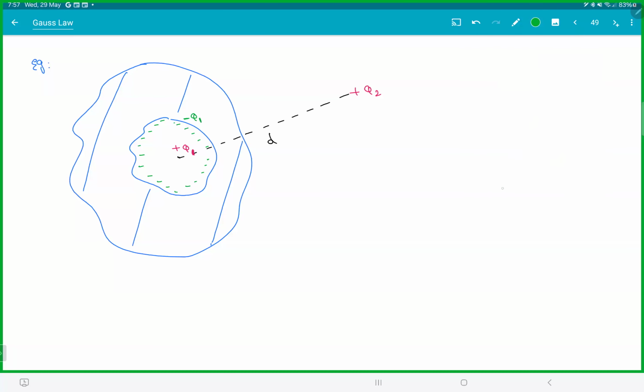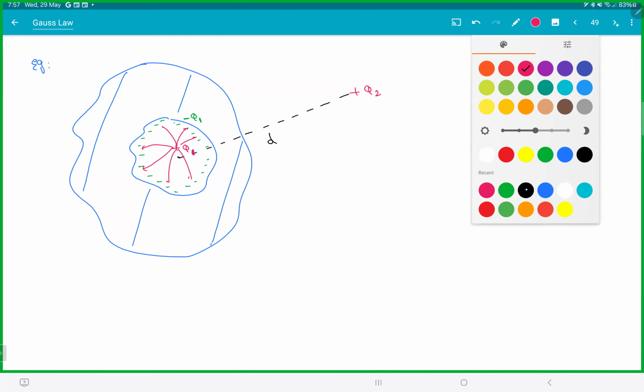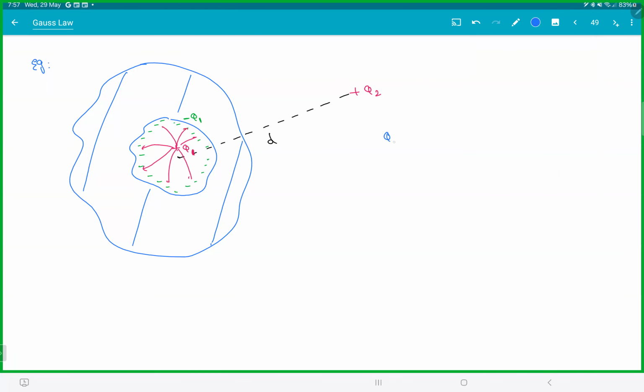Now what I was saying, not a single field line from here comes outside, so Q2 does not know that Q1 exists. You're getting it? Not a single field line is coming. It doesn't know that there's a charge inside. Does not know that there's a cavity in the first place.